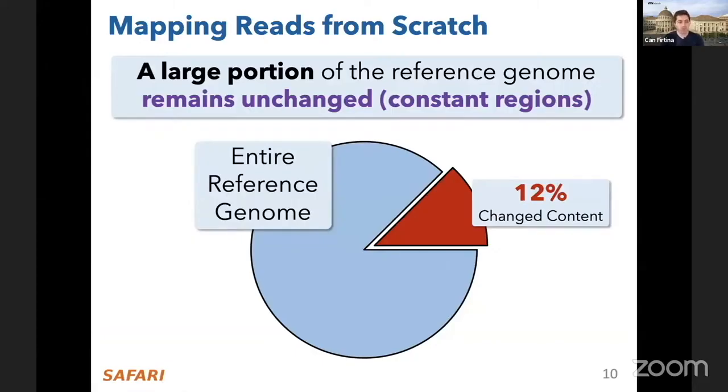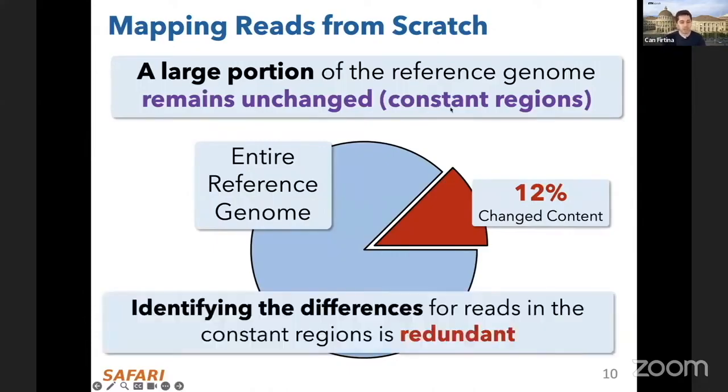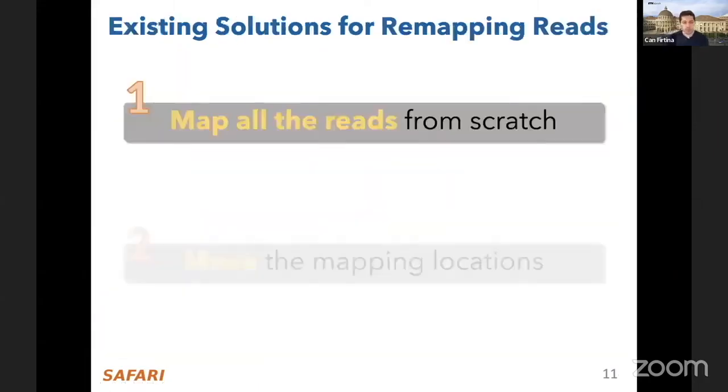This means that a large portion of the reference genome remains unchanged, meaning they are constant regions. Identifying the differences for reads in the constant regions is redundant, because there are essentially no changes. So for most of these regions, we don't have to do mapping at all. So this was the first solution and the potential issue with that.